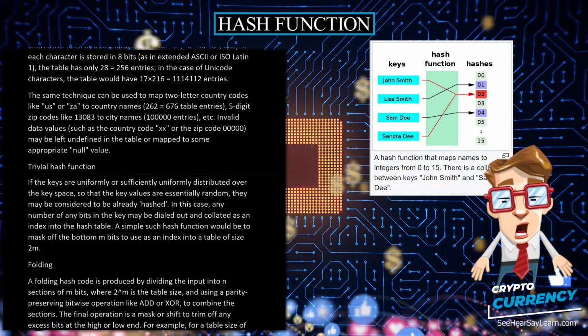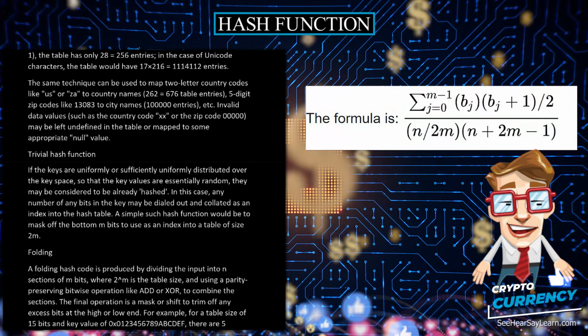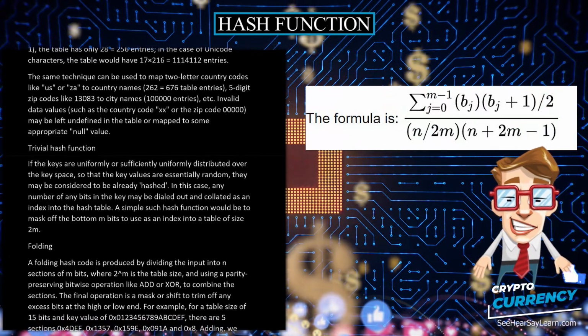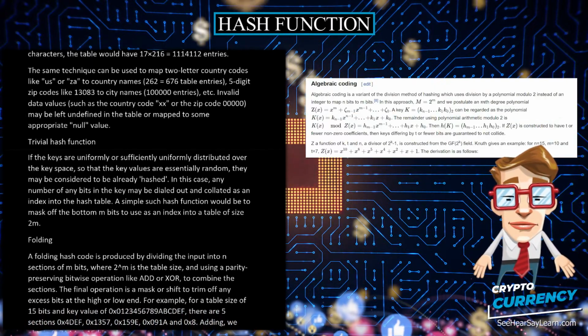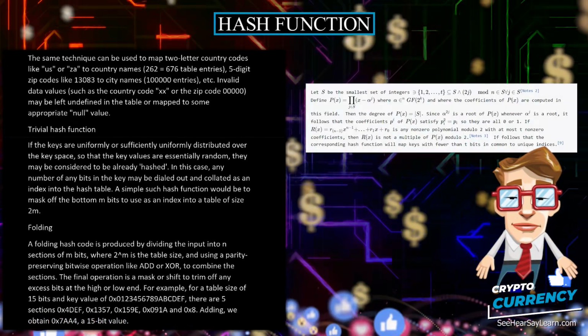The mid-squares method produces a reasonable hash code if there are not a lot of leading or trailing zeros in the key. This is a variant of multiplicative hashing, but not as good, because an arbitrary key is not a good multiplier.